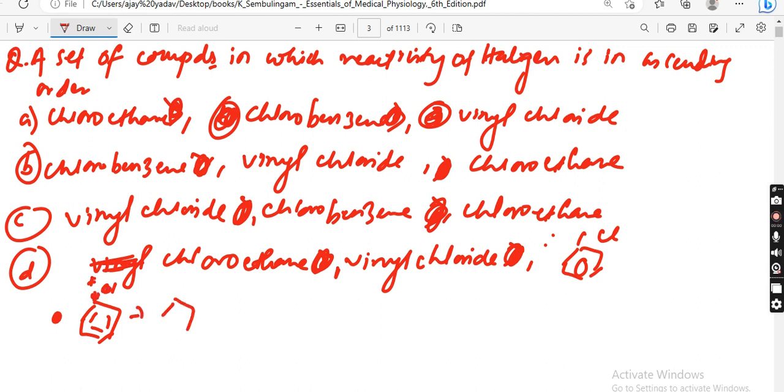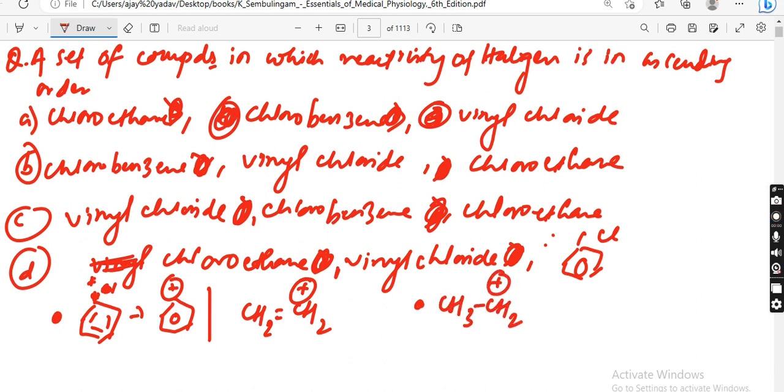The next is vinyl chloride, CH2=CH2, with the positive charge over here. Next, chloroethane.